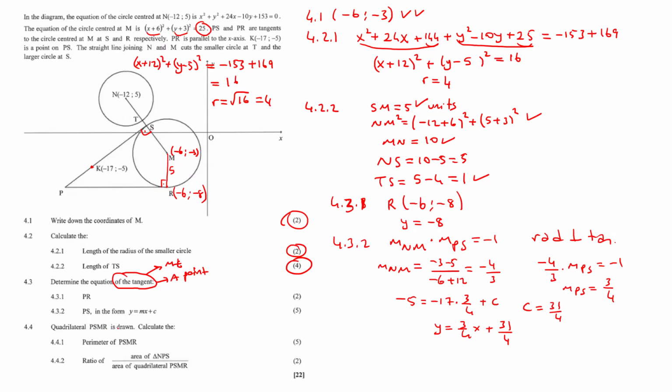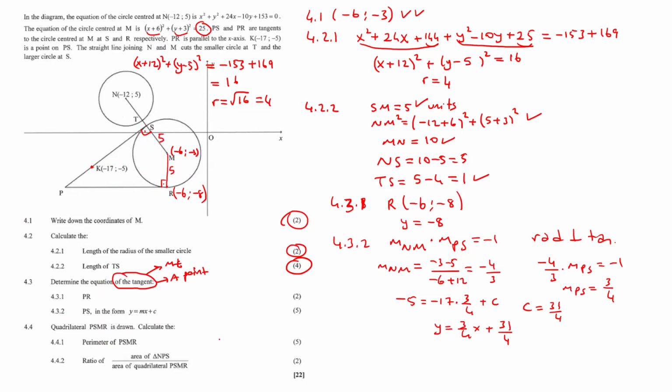Quadrilateral PSMR is drawn. Calculate the perimeter of PSMR. In order to get this, we already know two sides, which is SM and MR, which is 5, 5.